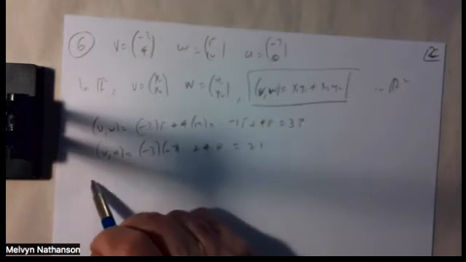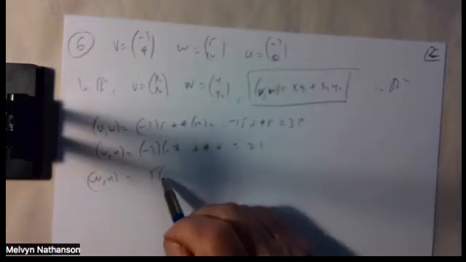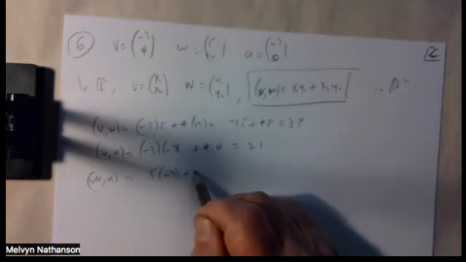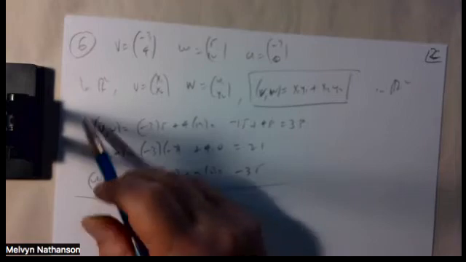And W and U is the inner product of these two vectors. So it's 5 times -7 plus 12 times 0, which is -35. So those are the three inner products.